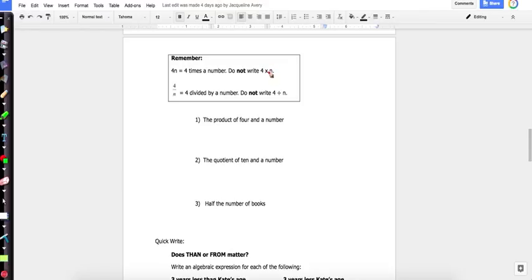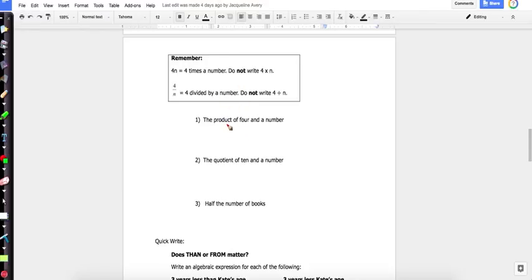Don't use x because we are writing expressions, so we're going to be using x's. So don't use x as a multiplication sign anymore. And we would write 4 over n, or 4 divided by n. When we write 4 divided by a number, do not write 4 division symbol n. You will no longer see it that way. You'll see it as a fraction. So write division as fractions and multiplication, put the number in front of the letter.